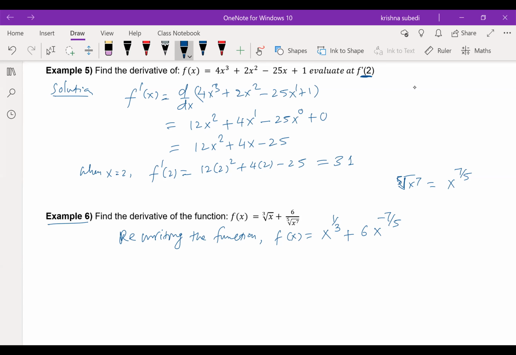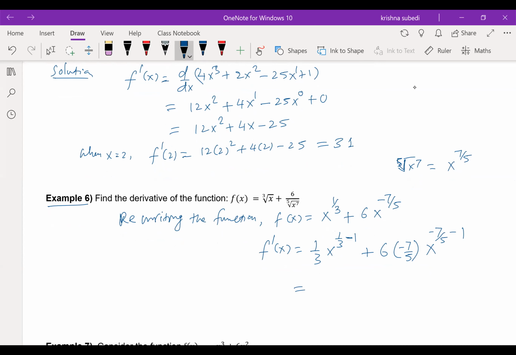And so your derivative f prime of x is going to be, again using the power rule, 1 over 3 x raised to the power 1/3 minus 1, plus 6 times negative 7 over 5 x raised to the power negative 7 over 5 minus 1.